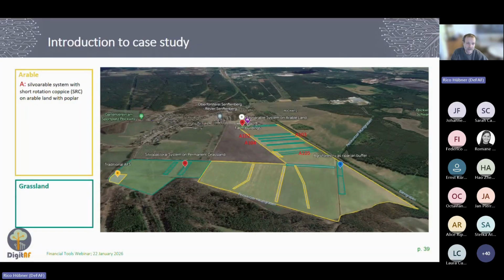The yellow surrounded areas are arable fields, whereas the green ones are grassland areas. In the arable area you can see the silvoarable system where he grows poplar and a little bit of black locust in a short rotation system. These are marked here with A102 and so on.